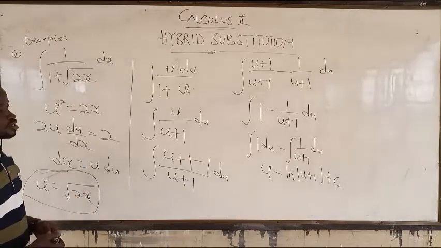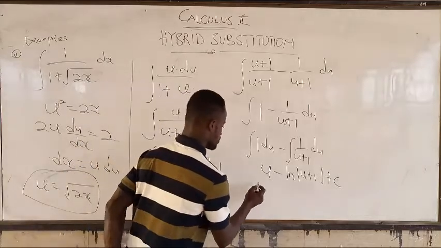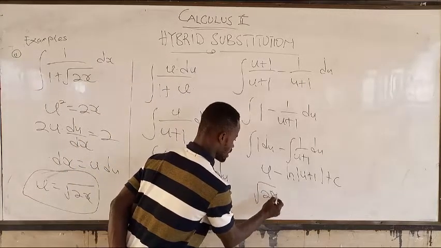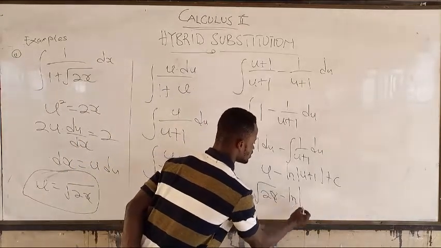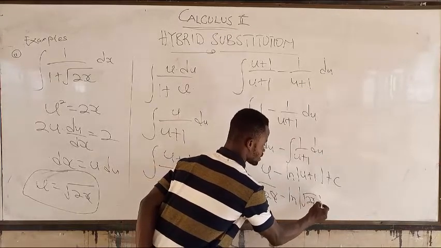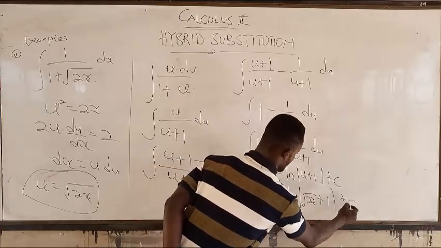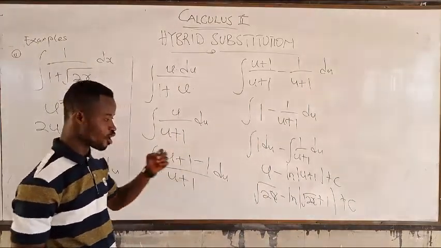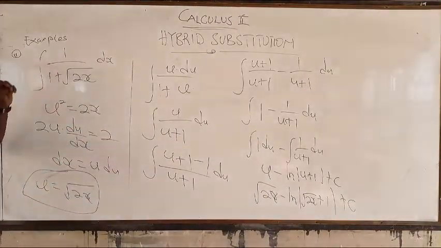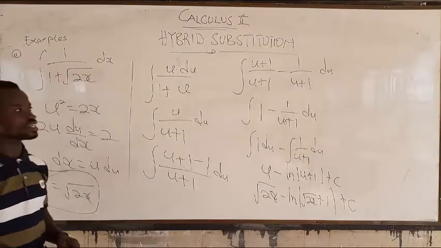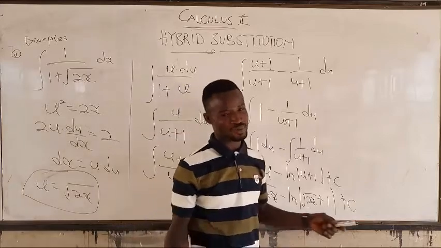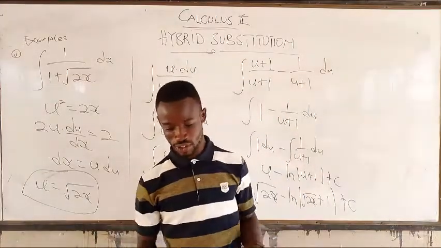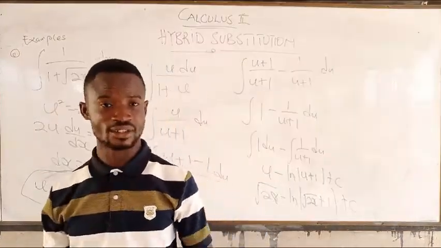So here is square root of 2x minus the natural log of square root of 2x plus 1, plus c. So that is the final result for solving such a question with the idea of hybrid substitution. I hope you are enjoying it. It's not difficult. Just take your time and do it.